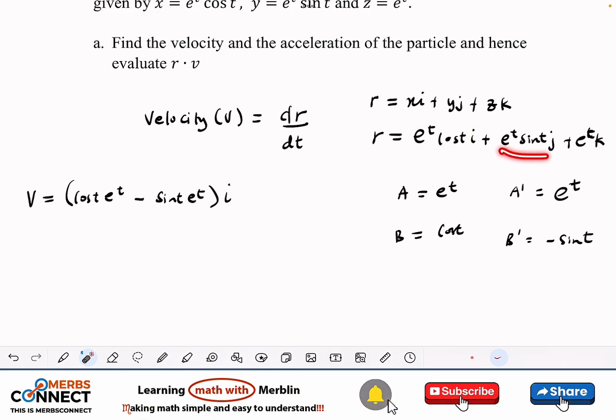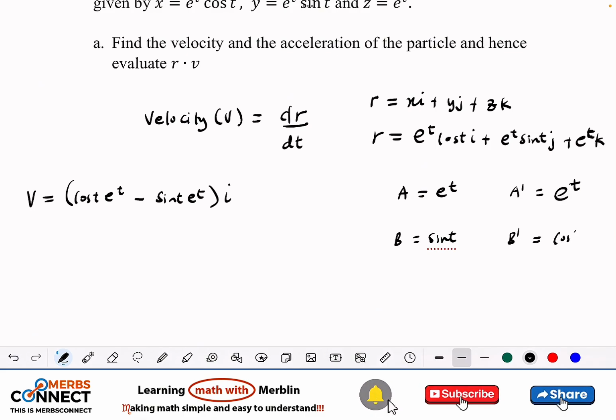Then I need to go to the j direction. The j direction is almost the same thing. So I pick my a to be this, and I pick my b to be sine t. Then what is sine t prime? This is going to give us cos t. Same thing, this times this, and then this times that.